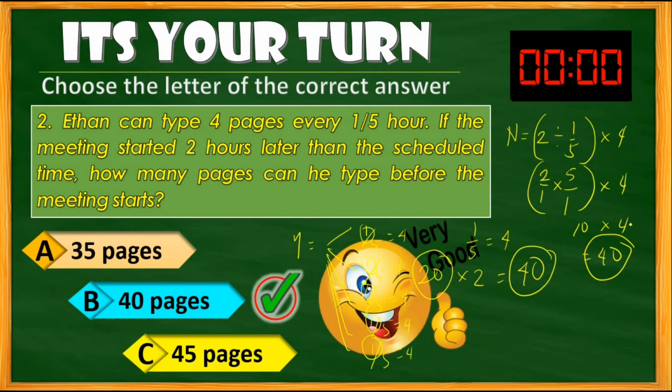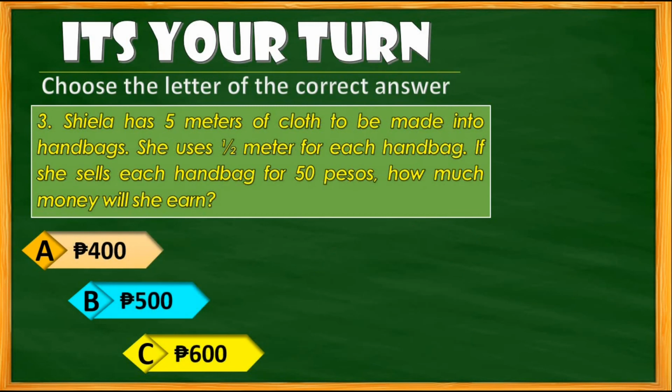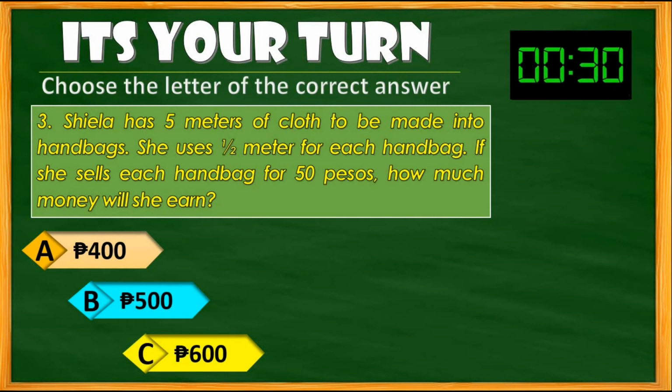And for the last question, Sheila has 5 meters of cloth to be made into handbags. She uses 1/2 meter for each handbag. If she sells each handbag for 50 pesos, how much money will she earn? So you have 30 seconds, Grade 5 pupils.